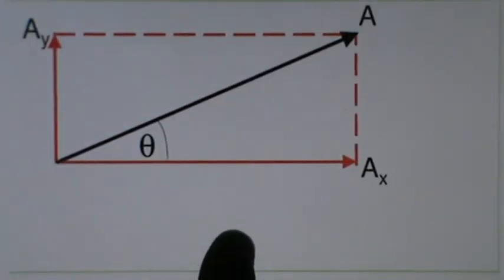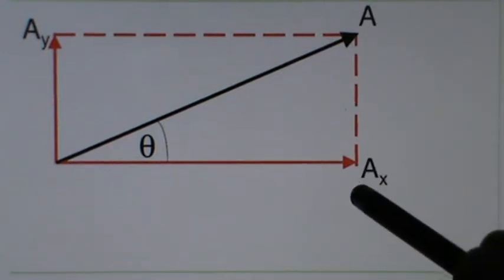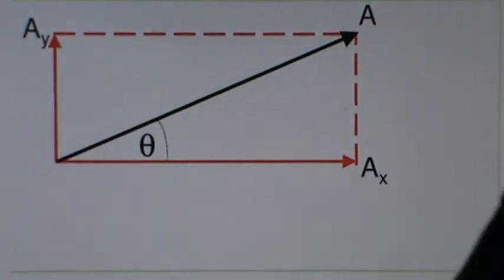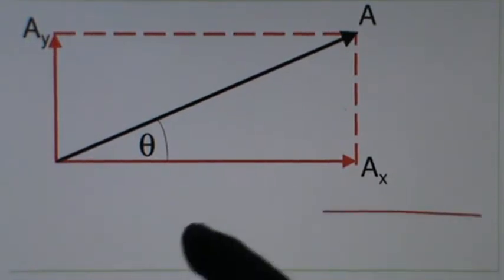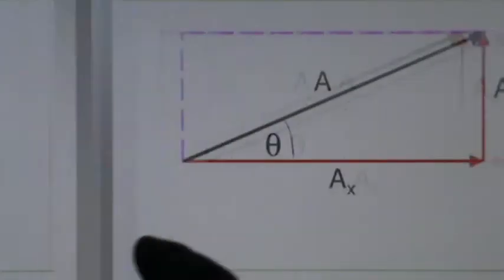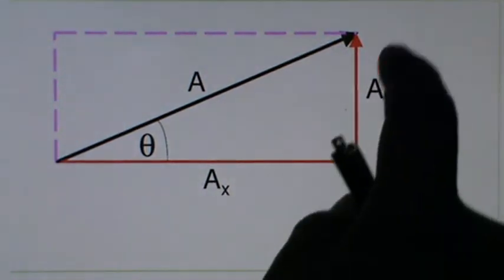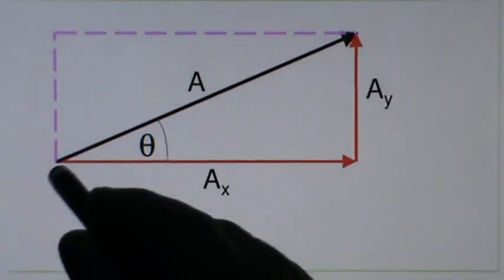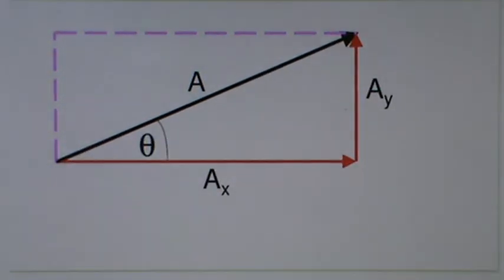Now we have this situation where we have vector a and its components ax and ay, and there's an angle here, theta. So if we redraw this vector, this is ax, ay, a and theta.